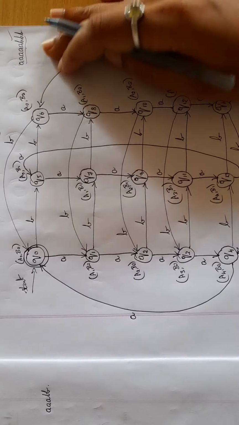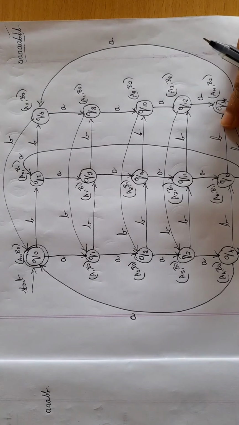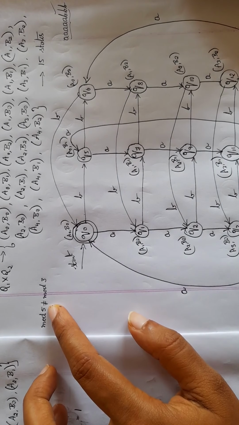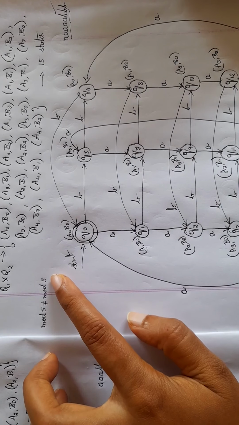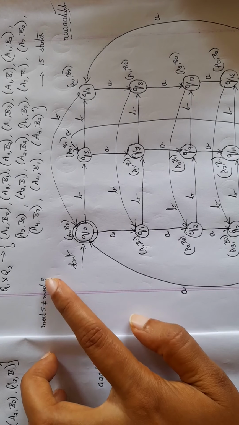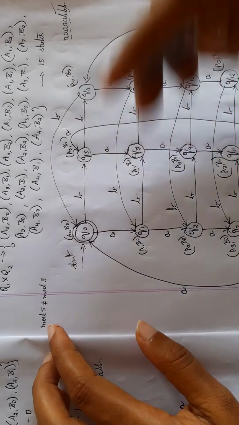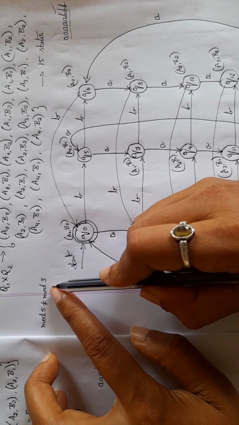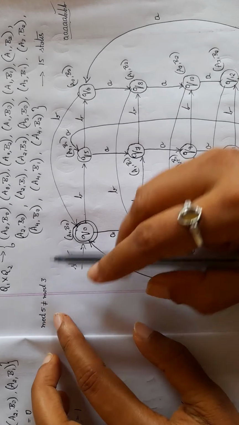That time the DFA remains the same. So which will be the final state? They have given here 5 is not equal to 3. That is, whatever value you have here should not be equal to whatever value you have here.